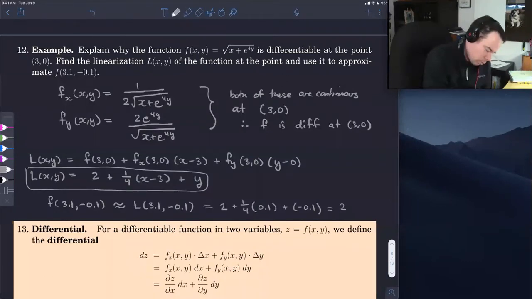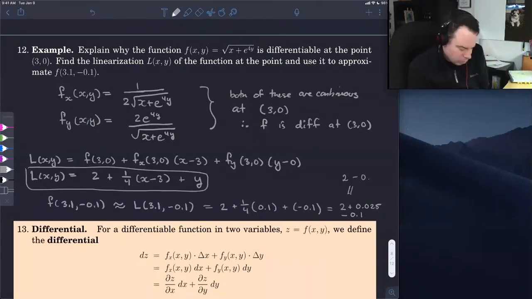And then we can work out what this is if we want to continue the calculation. So that's 2 plus 0.025 minus 0.1. I'm running out of room here, but what is this? This is about 1.9, and maybe I'll do one more step here just to put in the last bit of details. So this is 2, and then minus 0.975.